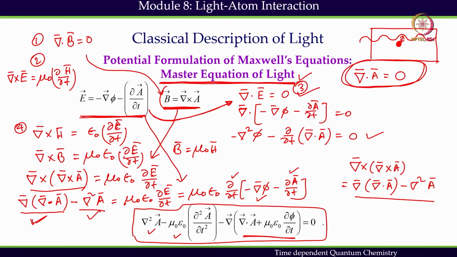And then we get this equation. This is very easy to do. One can just go ahead and do this rigorous mathematical derivation. So finally this is the final equation, which is combining all four equations together.